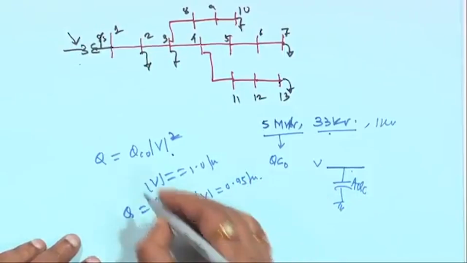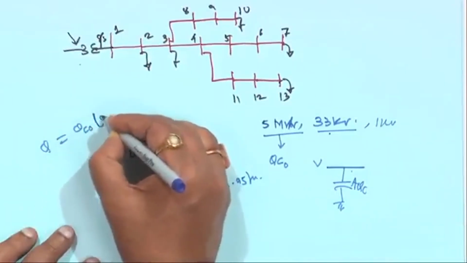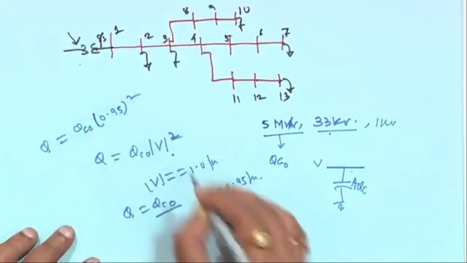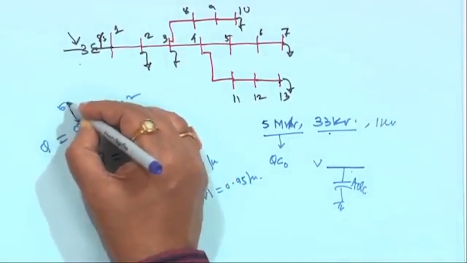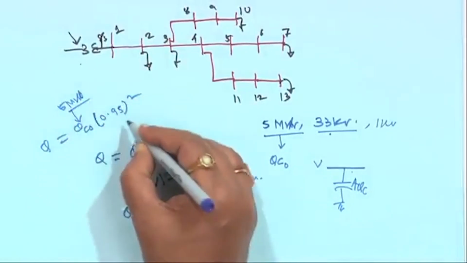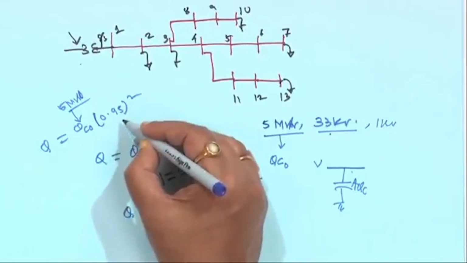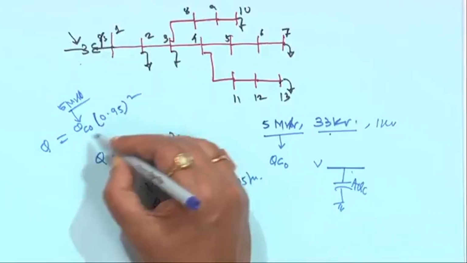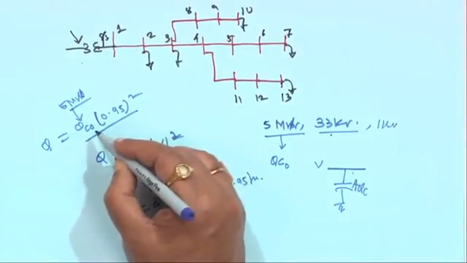That means, for example, if it is 5 megavar, you take 0.95 squared, I do not have a calculator, you calculate, and that amount it will inject.